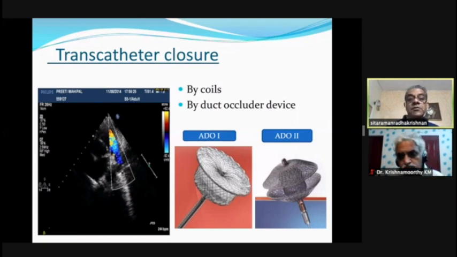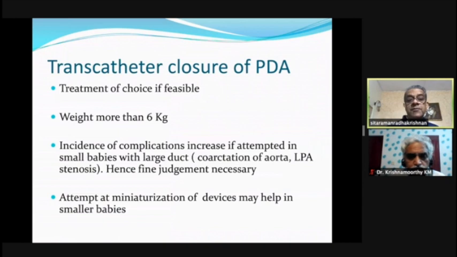Remember that to close by transcatheter technique by these devices, the children should be at least weighing 6 kilos. So the question is, we cannot close the premature PDAs in small babies who are weighing 2 kilos, 1.8 kilos, 2 kilos, etc. So there is a new device available.